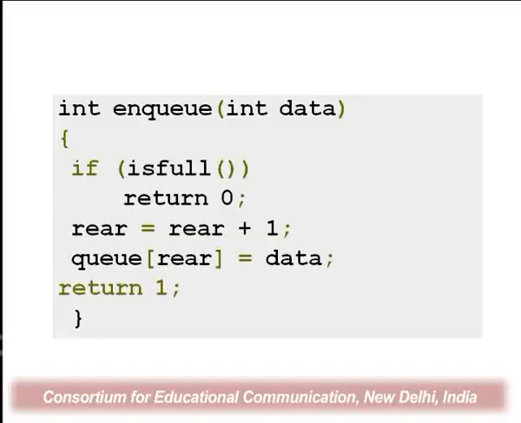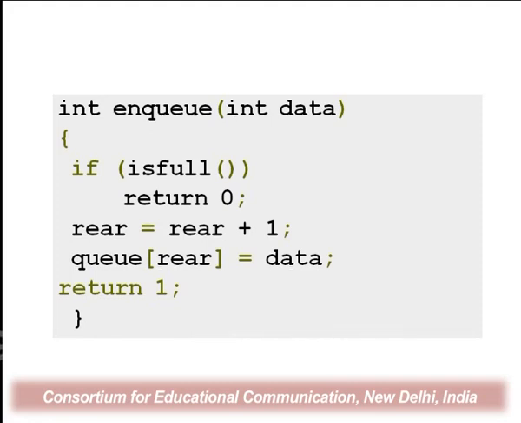So, in order to NQ, the data element is passed into that particular procedure and it will check. If it is full, then we return 0, that means we in a way exit from the program.